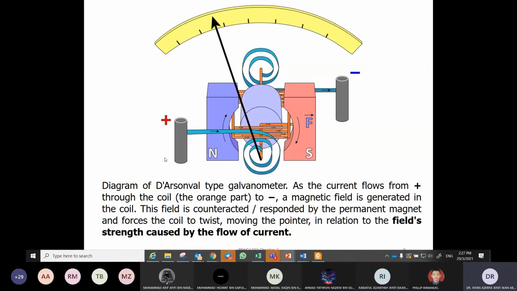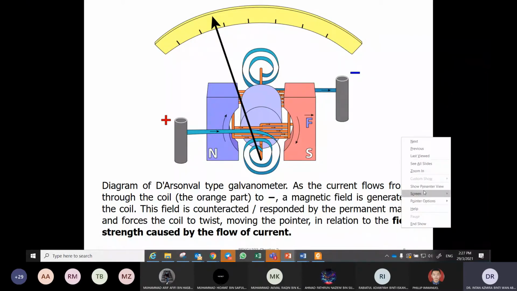Okay, this is the diagram of the D'Arsonval meter. The current flows from positive, from here, through the coil, the orange one, to negative. So from positive, the current flows through to negative.